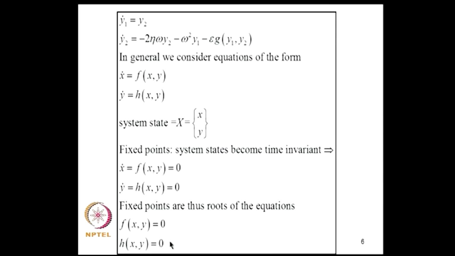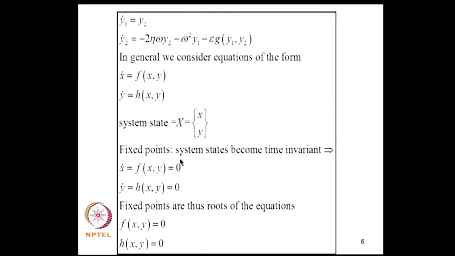In general, we consider equations of the form: suppose x and y are the two dependent variables and I consider a pair of first order equations, x dot is some f of x comma y and y dot is some h of x comma y. We define the system state as a vector x, which consists of x and y. Now, we define what are known as fixed points for this system.